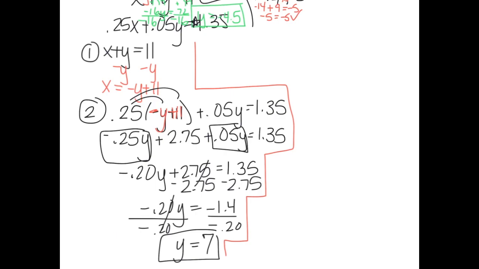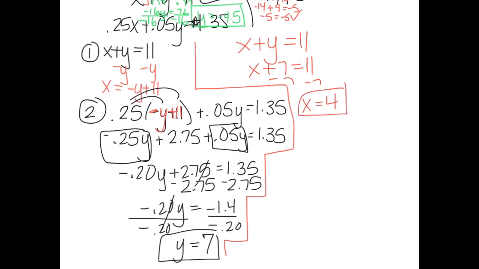Now this is the easiest thing ever. If y is equal to 7, I know x plus y is 11. What is x equal to? x is equal to 4. So this means there are 4 quarters and 7 nickels.